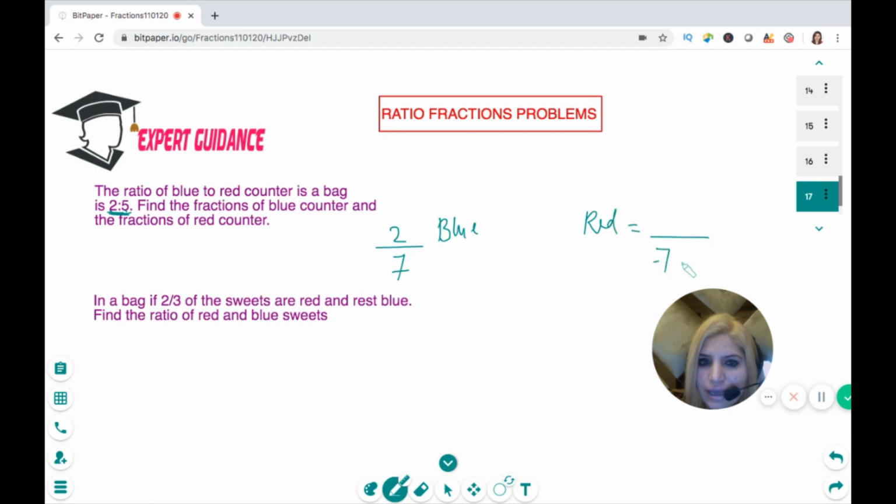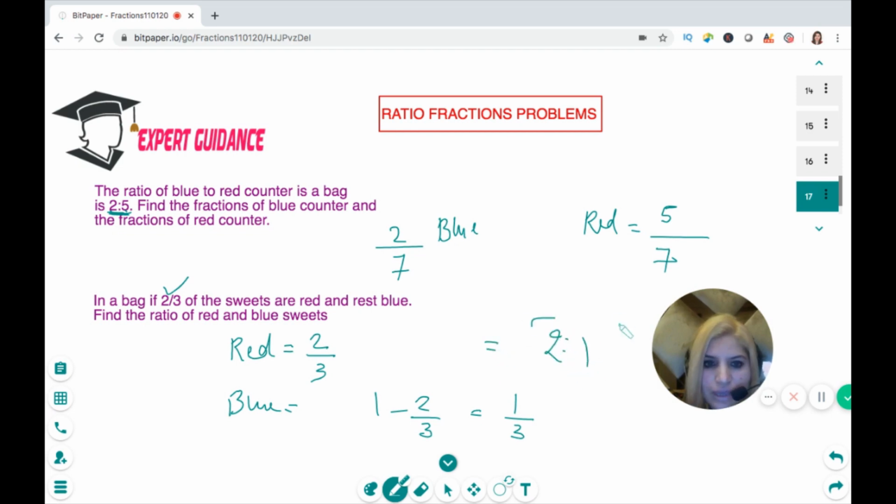So 5/7. Okay, now next question, in a bag 2/3 of the sweets are red. So red becomes 2/3. So how many would be blue? Blue would be 1 take away 2/3, which will give 1/3. So what will be the ratio? The ratio is 2:1. Okay, so I hope this fraction ratio problems is also clear to you.